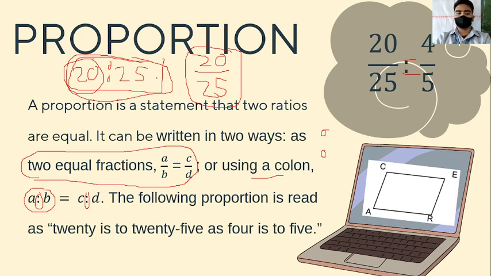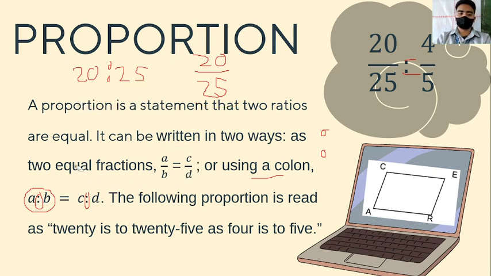If you read these numbers in fraction form, we read it as 20 over 25. But if it is a ratio, we read it as 20 is to 25.